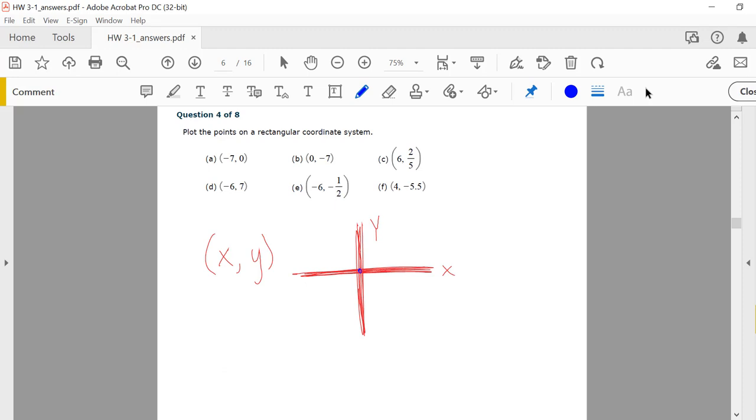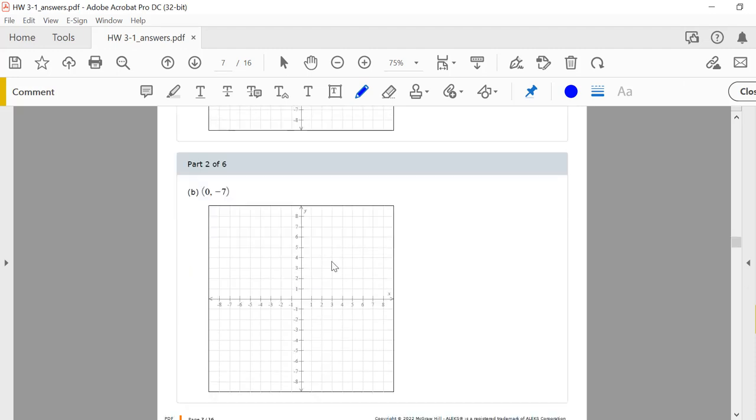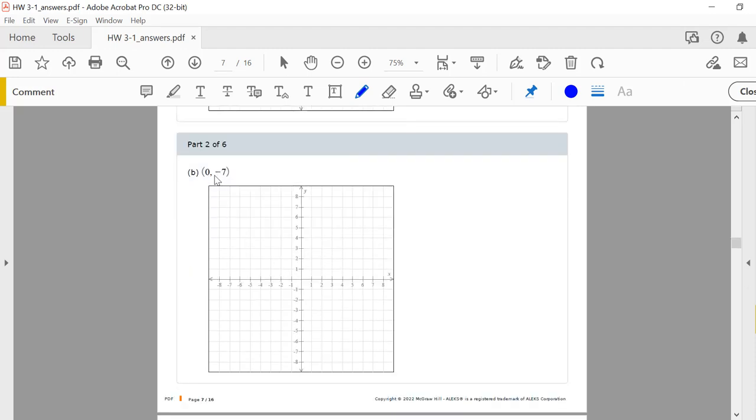So let's go do an example. -7, 0. I'm going to start at the origin. In the x direction, I'm going to go 7. So out to here. And in the y direction, I'm going to go 0. So my point will be right there. The second point to go plot, 0, -7.